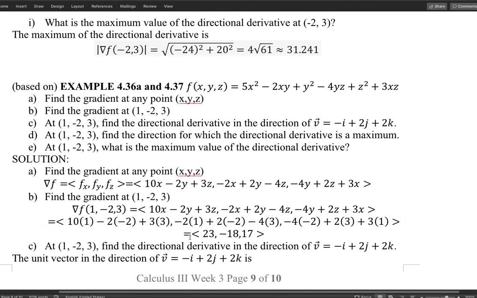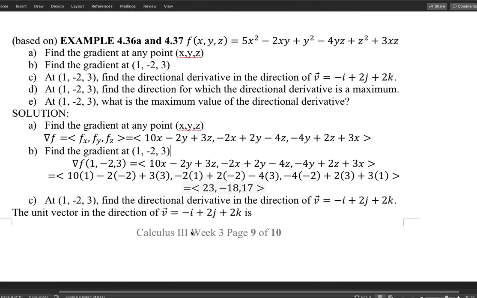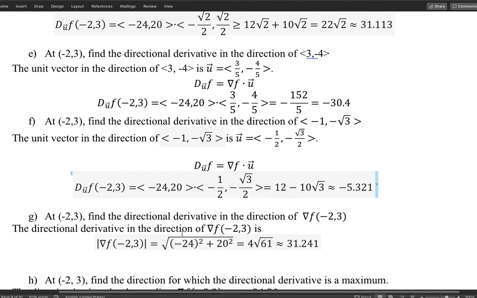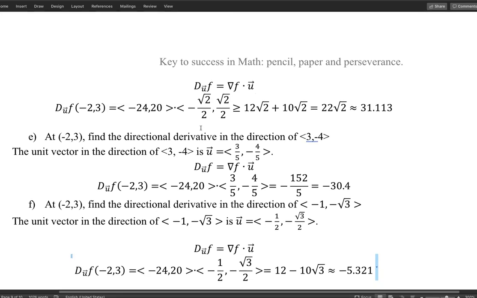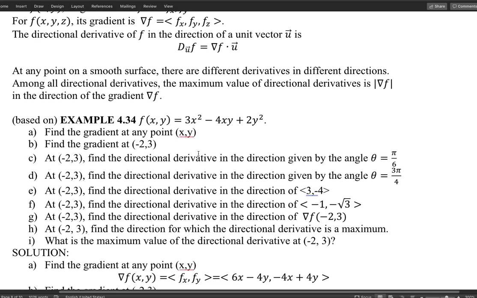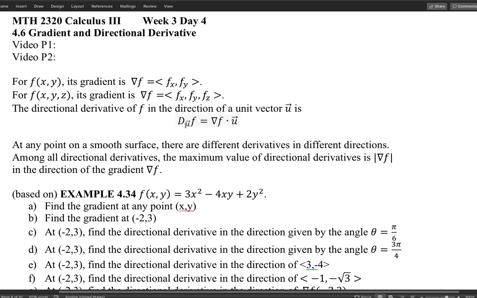Okay. And then part C is to find the directional derivative in the direction of this vector. So for the solution to part C, first remember the directional derivative is always calculated as the gradient dot with the unit vector.